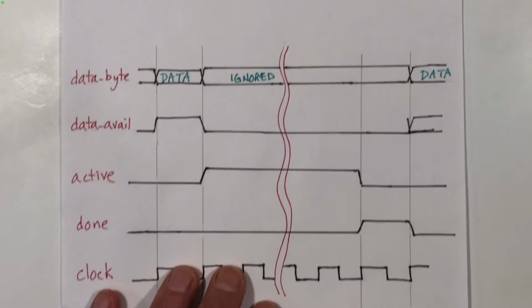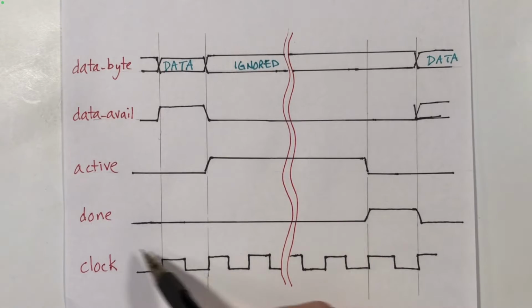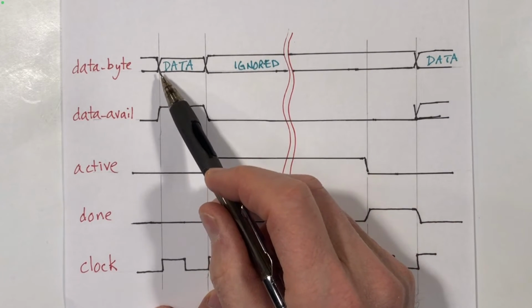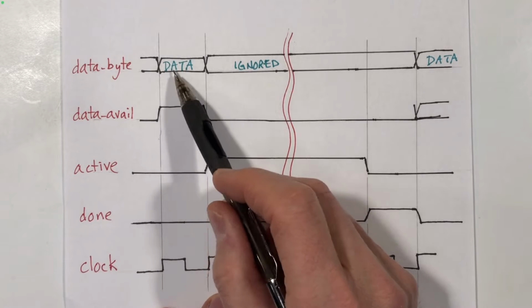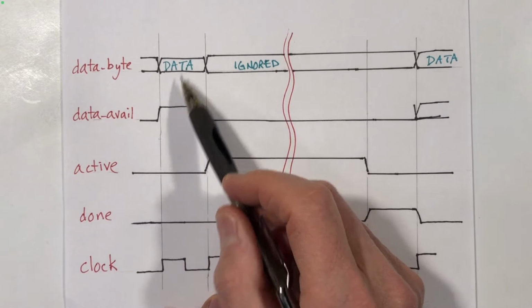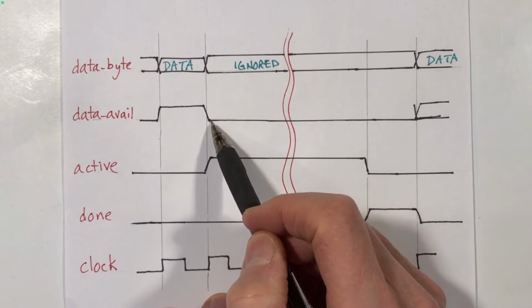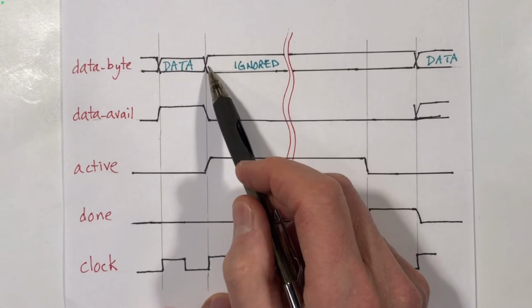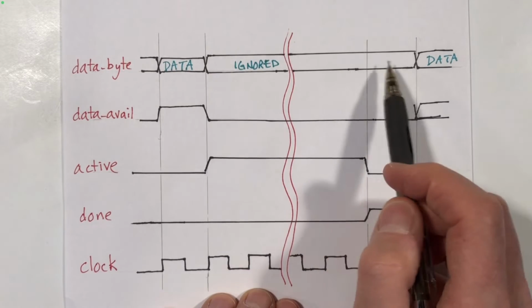So let's look at the timing diagram for this. Here's our system clock at the bottom. To get this thing going, the larger circuit will provide data and pulse the data available line for 1 clock cycle. After that, whatever was on the data lines will be ignored.